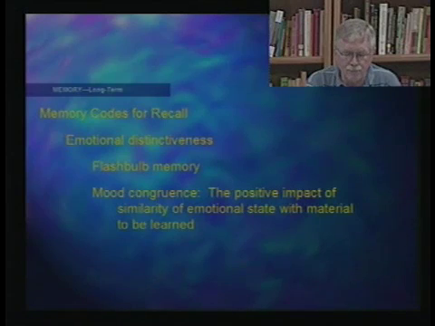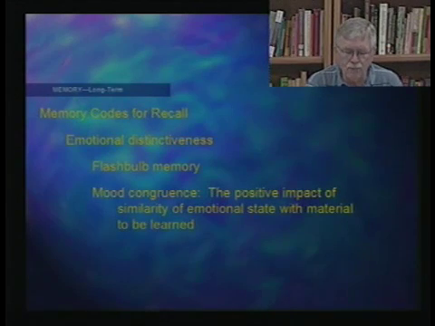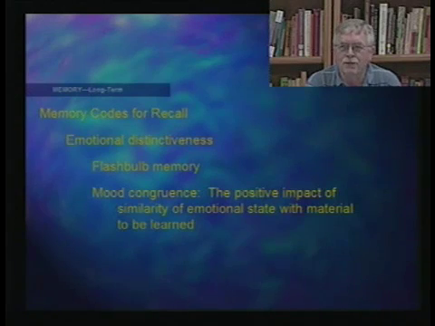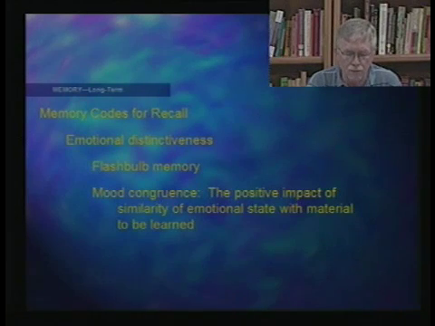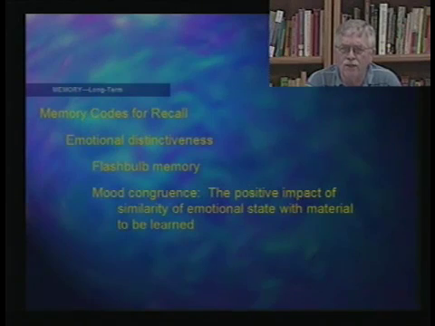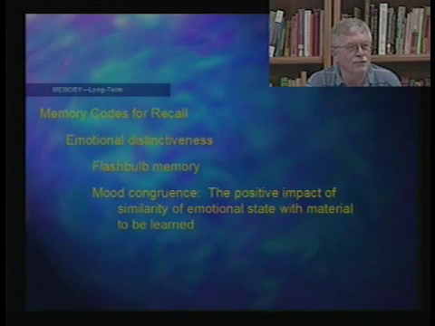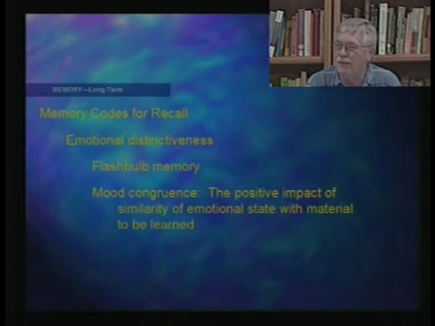And then the second thing that Blaney did was to manipulate moods and then check for recall, which leads to some rather interesting research. For instance, people who are happy tend to recall more happy things, kind of the corollary of what we were talking about a minute ago. You even notice that when you go into a restaurant with friends, think about what you tend to talk about at that meal.